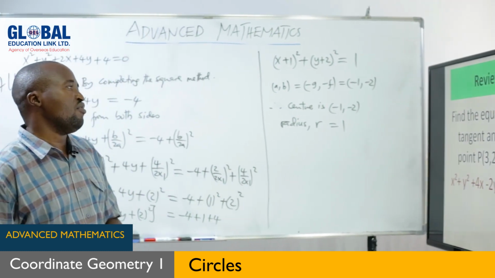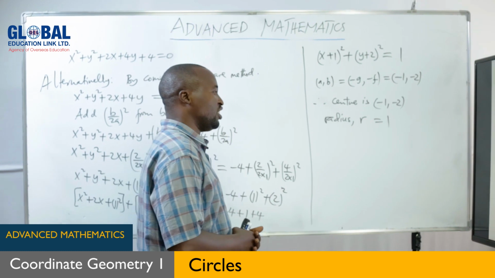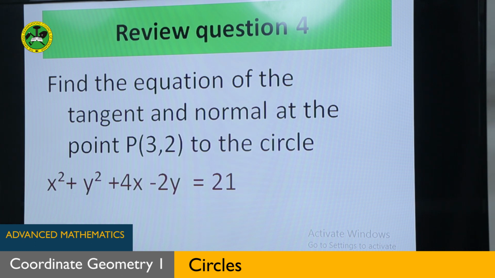So, my dear student, we have the review question. The review question is about to find the equation of the tangent, but again, the equation of the normal at the point P (3, 2) to the circle x squared plus y squared plus 4x minus 2y is equal to 21.